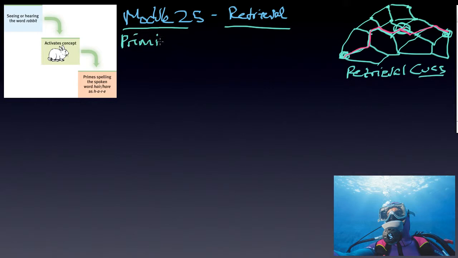And so essentially, I can have one word, as it says in this diagram over here, the word rabbit, that will activate a concept. And then when I go to spell the word hare, H-A-R-E, rabbit primes me to pull that particular concept out, that then leads me to say hare, H-A-R-E, rather than H-A-I-R.